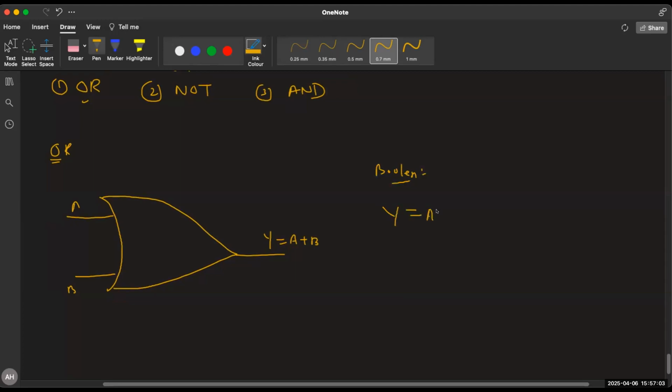This symbol is the symbol of OR. This is the algebra that we're using here.